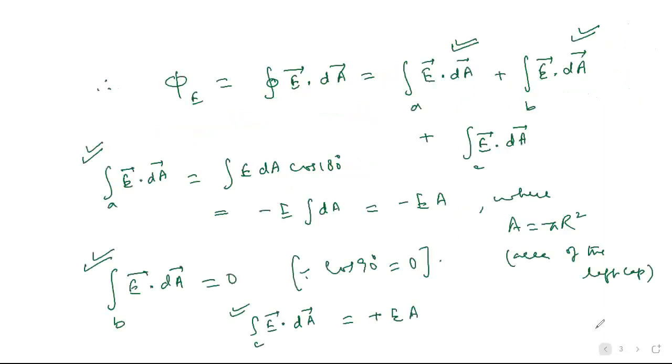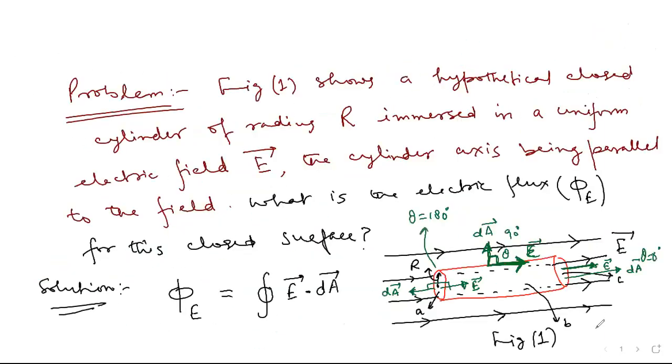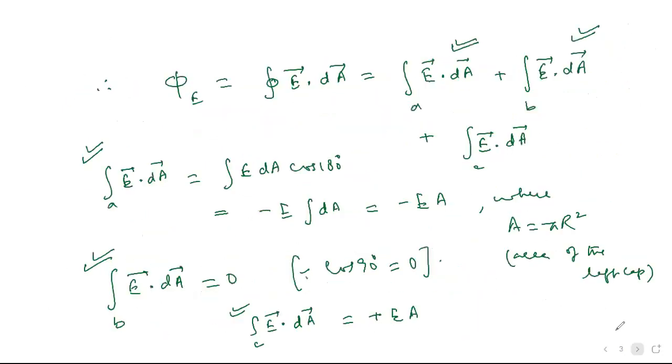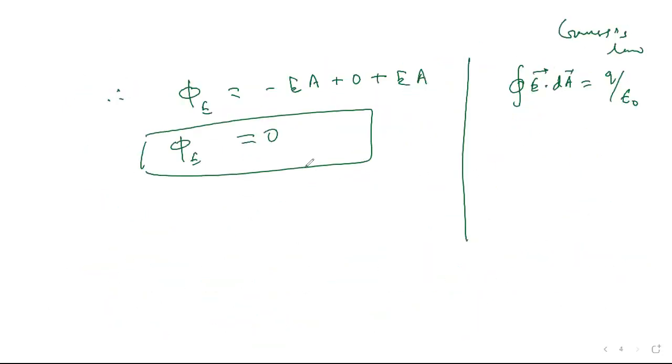So here you can see inside this surface there is no net charge. Q is 0. So from Gauss's law, the electric flux through this surface must be 0, as we have calculated it.